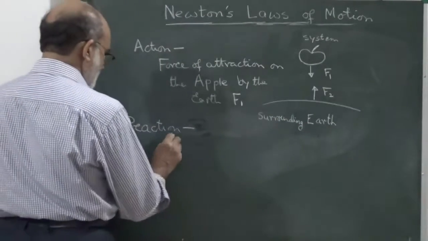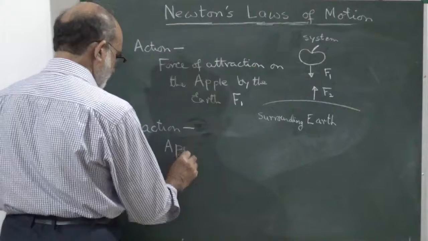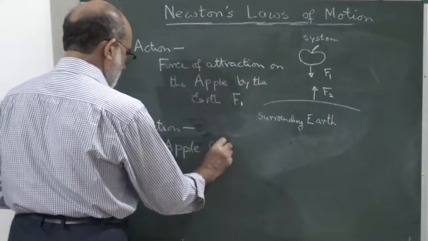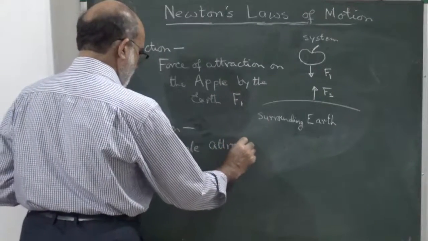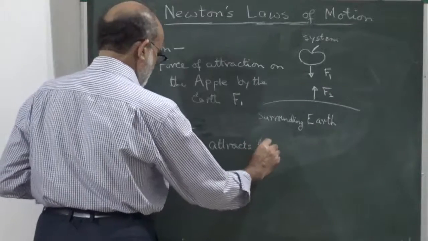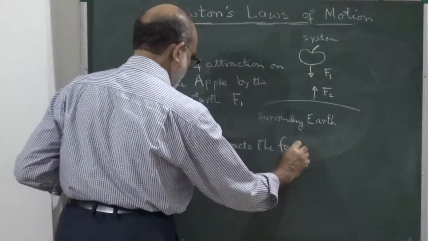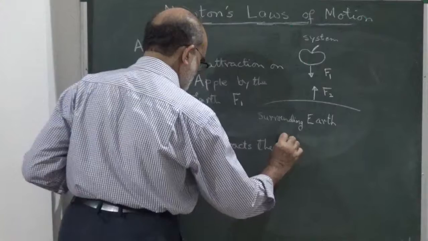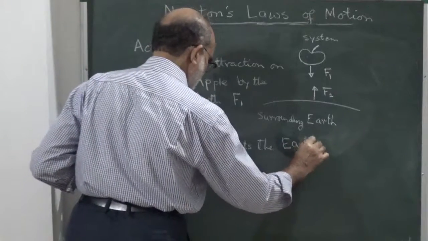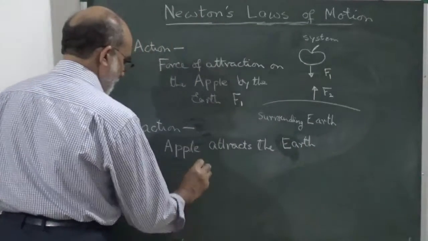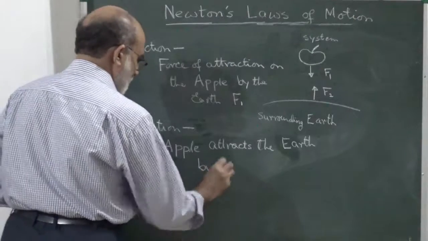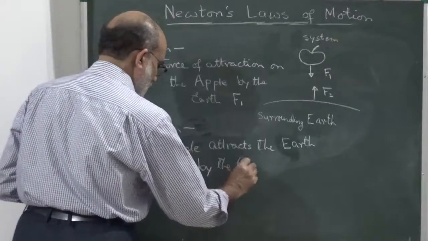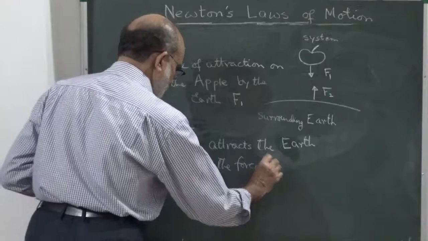So the apple attracts the earth by a force, say F1, and the earth attracts the apple by the force, say F2.